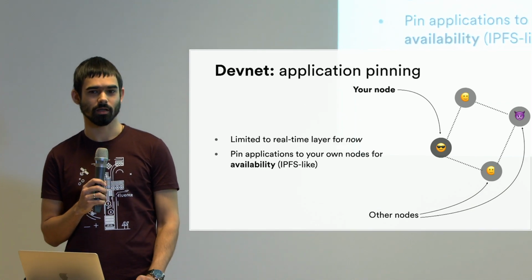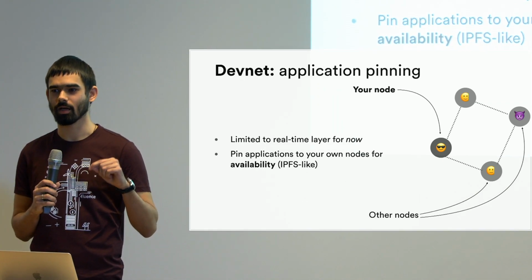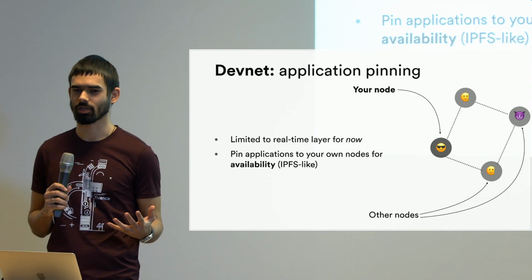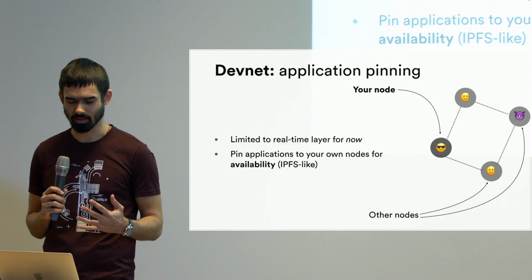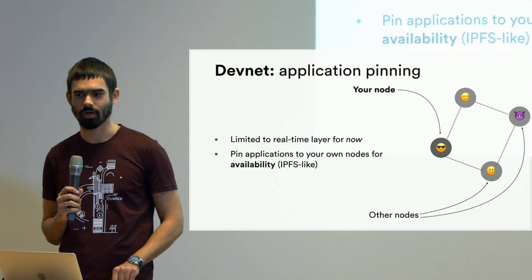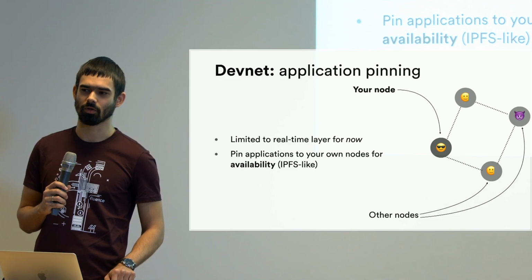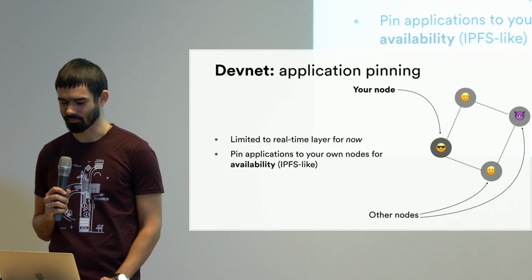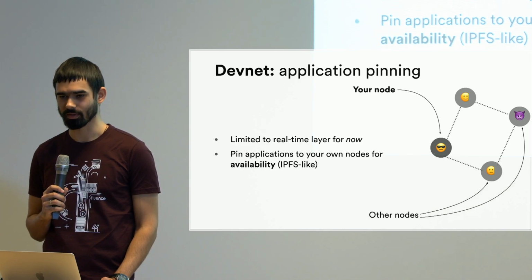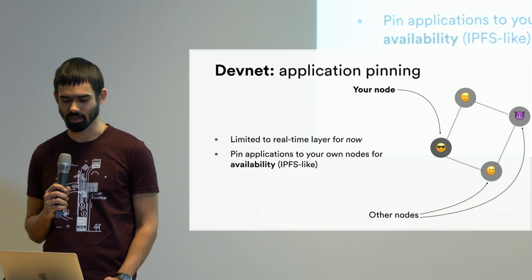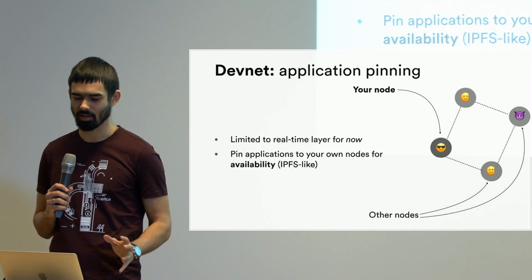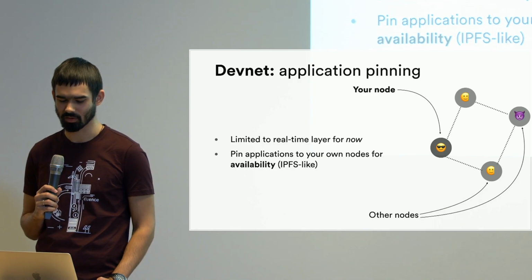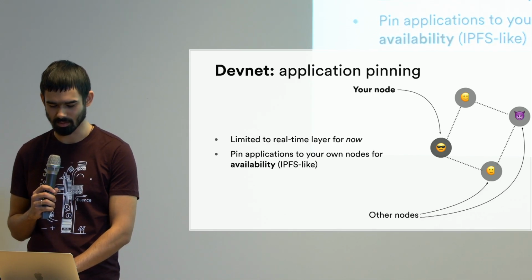It works just like pinning files in IPFS, where IPFS enables decentralization of file storage right ahead, but you have to pin the files if you want to be sure that they won't disappear. And the same holds for Fluence and for decentralization of computations. So you may pin applications to your own nodes for availability guarantees.